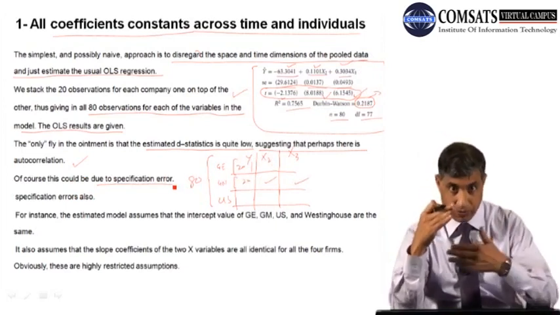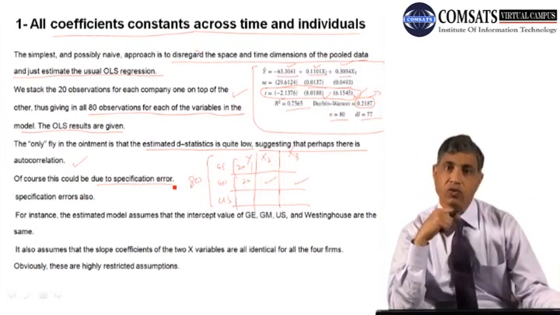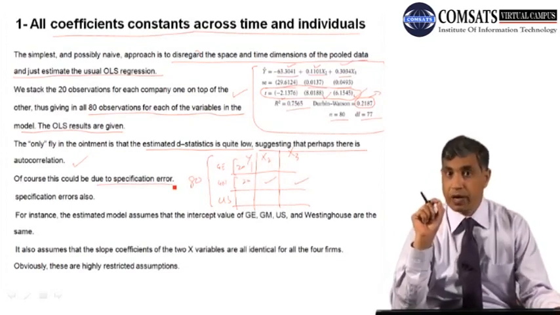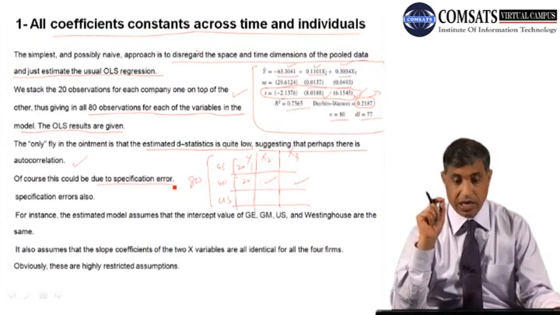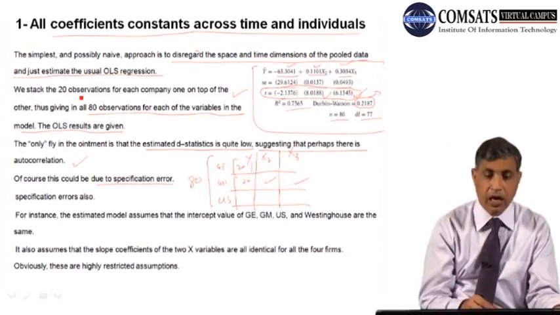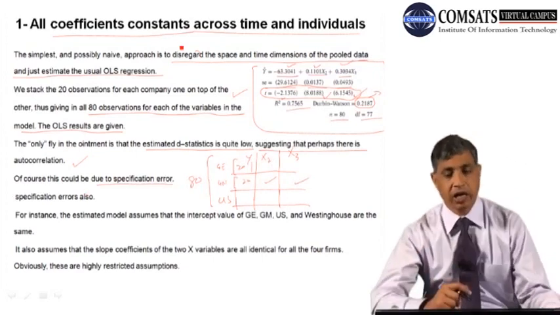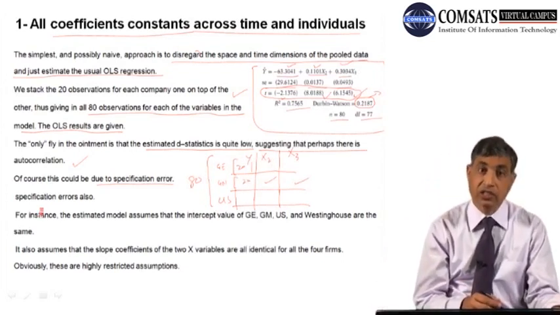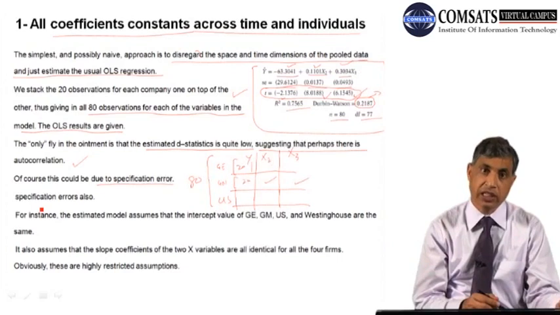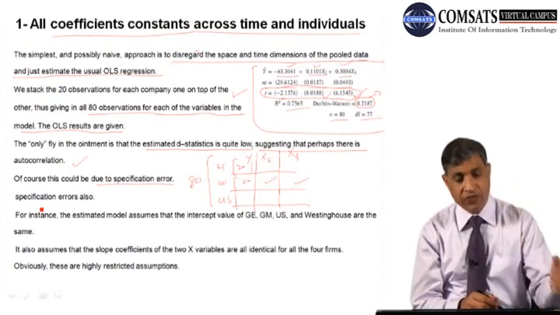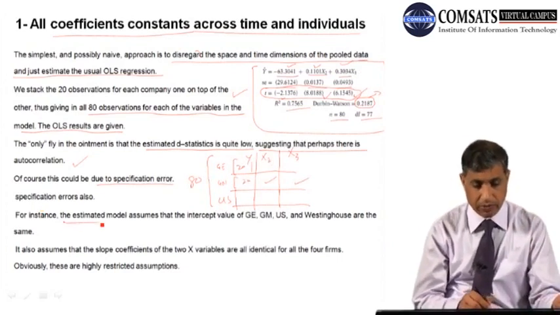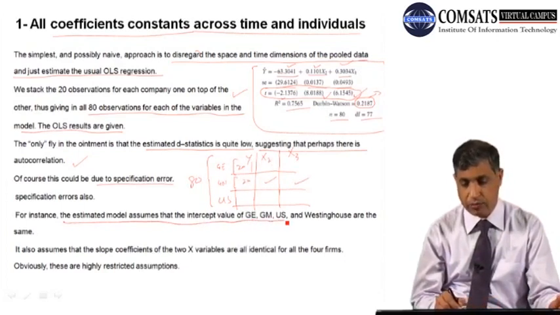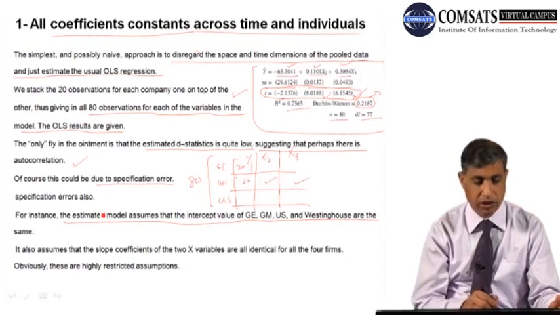आपने जो सब एक दूसरे के नीचे रख के OLS लगा दिया, this is showing that there may be the problem of specification bias, because what we are saying is all coefficients are constant across time and individual, and there is no change for this. For instance, the estimated model assumed that the intercept value of GE, GM, US and Westinghouse are the same.